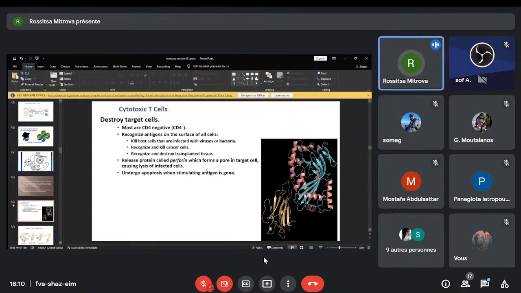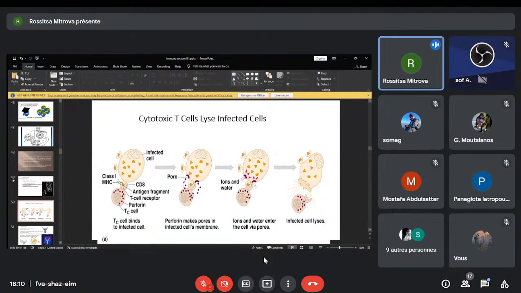And when the stimulating antigen is gone, they undergo apoptosis. Here the T cell binds to an infected cell, and the pores are formed in the infected cell through this perforin, which makes the pore.